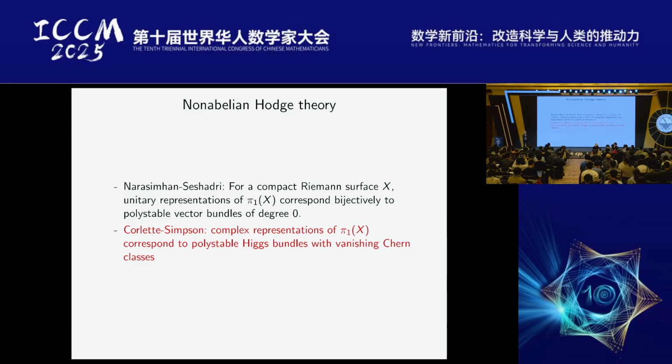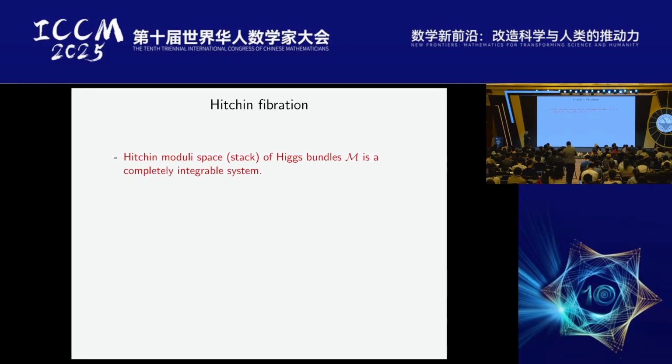That is a vector bundle equipped with a so-called Higgs field, and it reduces to the unitary case when the Higgs field equals 0. I think this theorem is due to Hitchin and Donaldson for dimension 1, and to Corlette and Simpson in higher dimension.